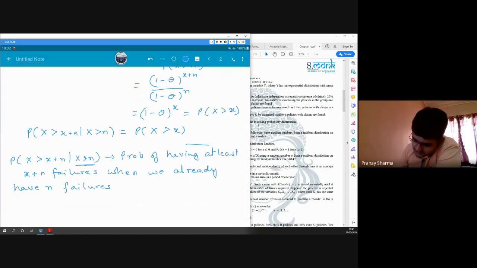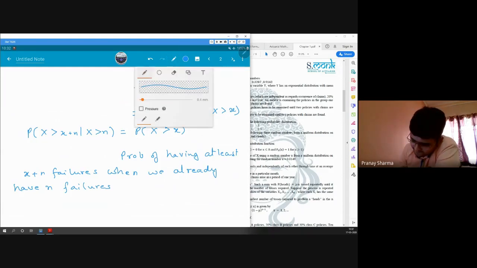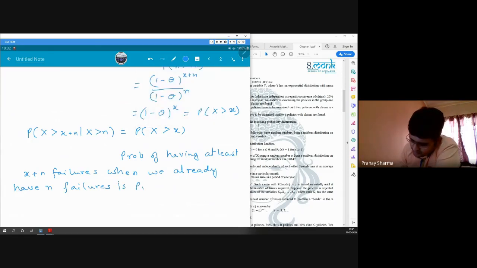So the probability of having at least x plus n failures when we already have n failures is the probability of having at least x failures.